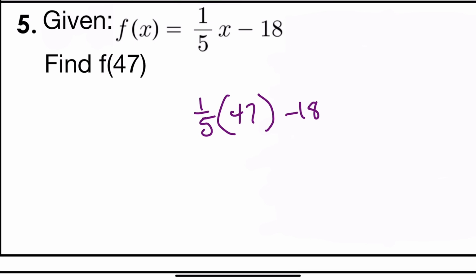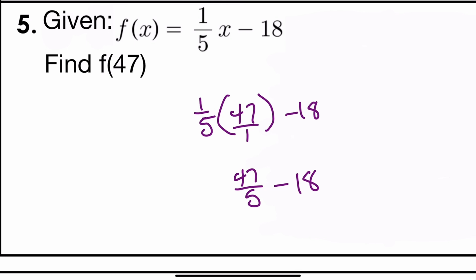So I'm going to do this using fractions because those make me feel more comfortable. So I'm going to put this 47 over 1 to make it look like a fraction. And then I'm going to multiply straight across. So I got 1 times 47, that's 47. And then on the bottom, we have 5 times 1. Well, that's 5. And we still have our minus 18 over here. Cool. So now I could just divide 47 by 5.